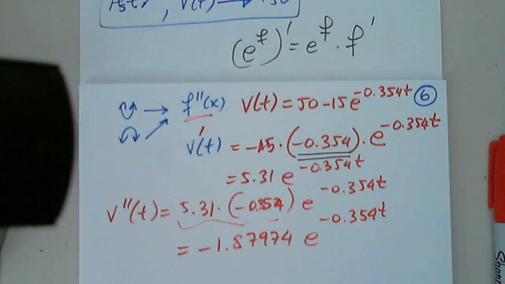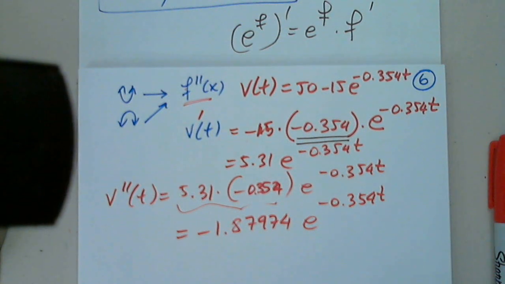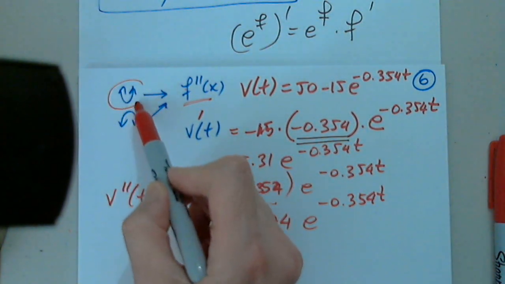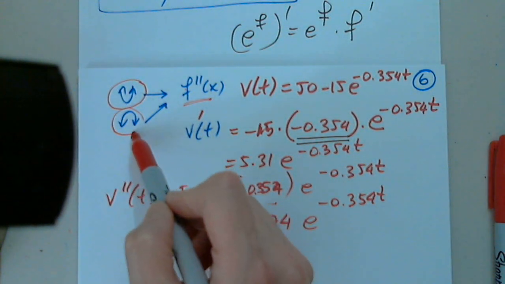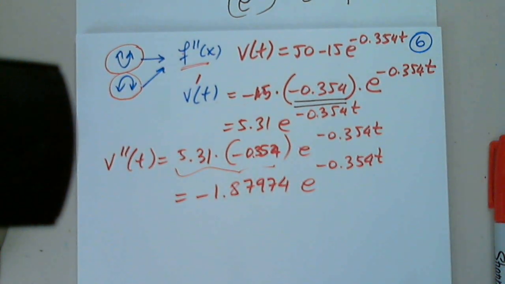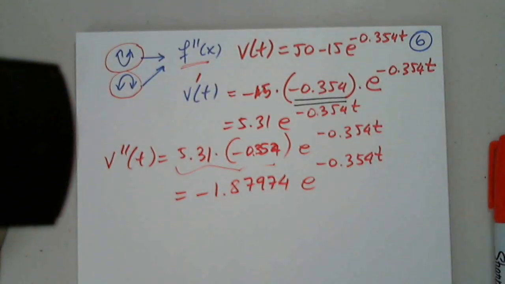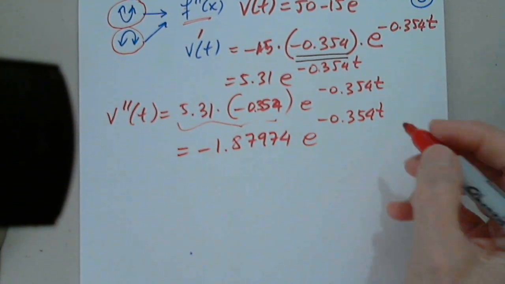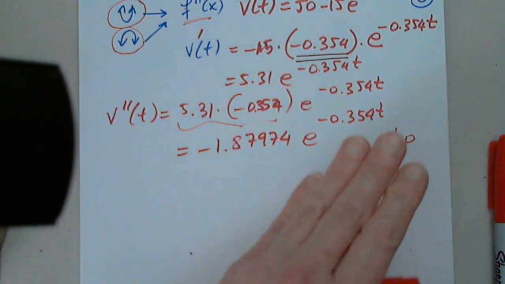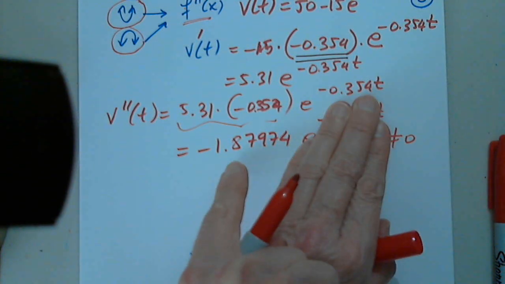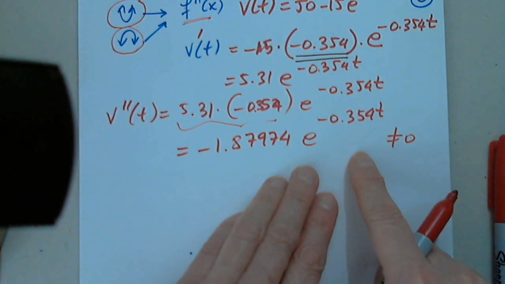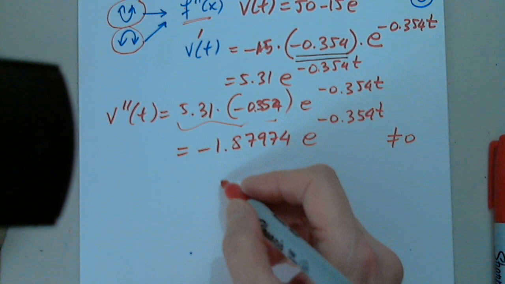Okay, so now we are asked, when is the function concave up and where is it concave down? Well, this function is never 0. It will never be 0, and this cannot be 0, because remember the graph. It's either increasing on all its domain or decreasing.